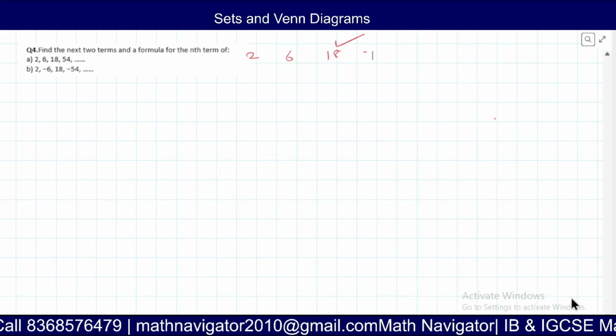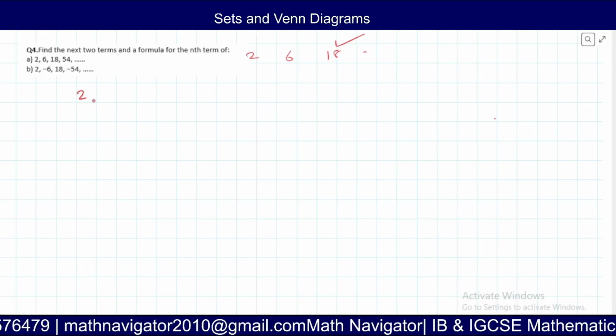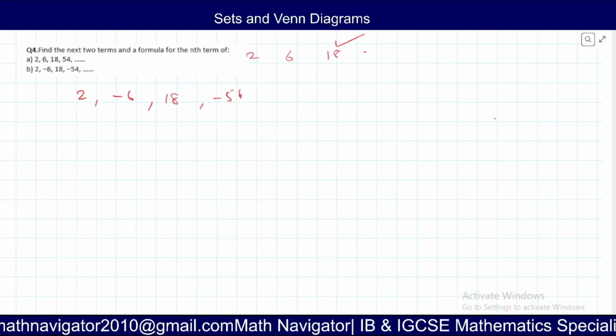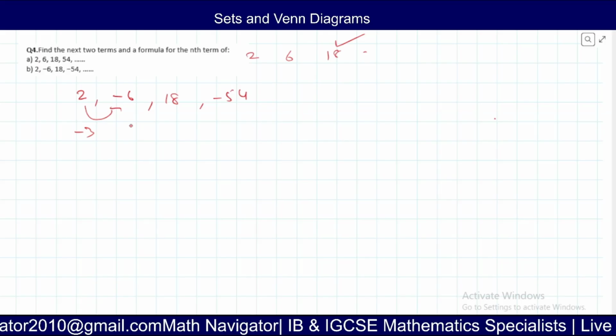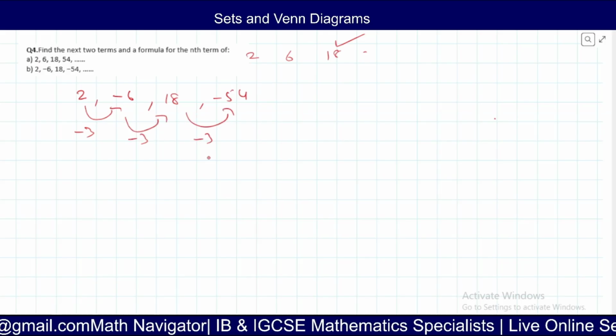Right. So my next question says 2, negative 6, 18, negative 54. If I multiply by negative 3, you will get the next term. Multiply by negative 3, multiply by negative 3.